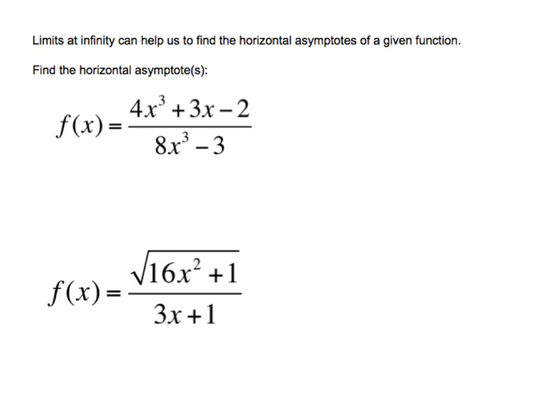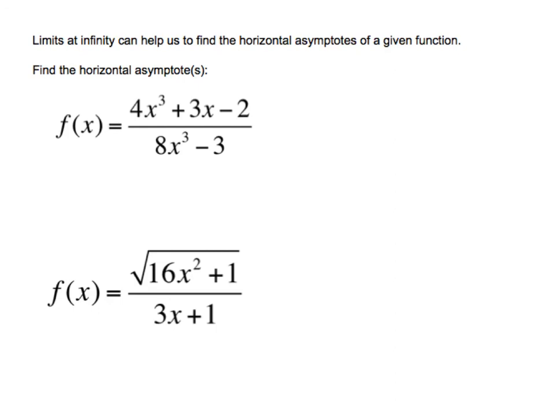Okay, so this same exact idea can help us with a different set of instructions. So here they're just saying find the horizontal asymptote. So this really could just be an Algebra 2 question. Sometimes we have to think about one-sided limits to figure out whether this is true or not, like one-sided limits at infinity.